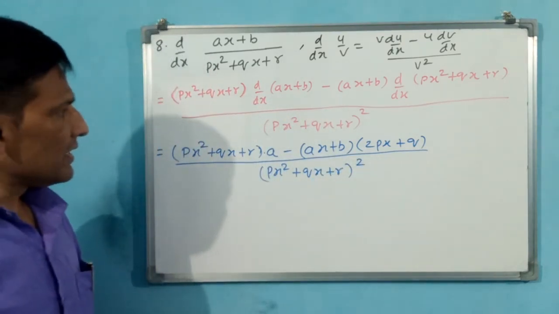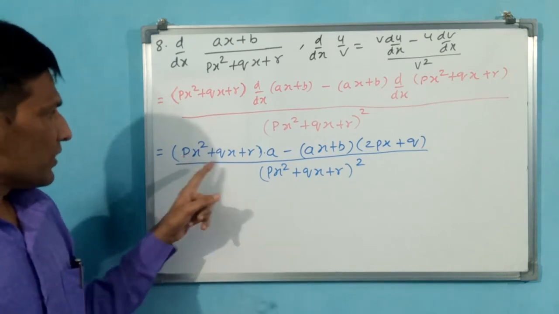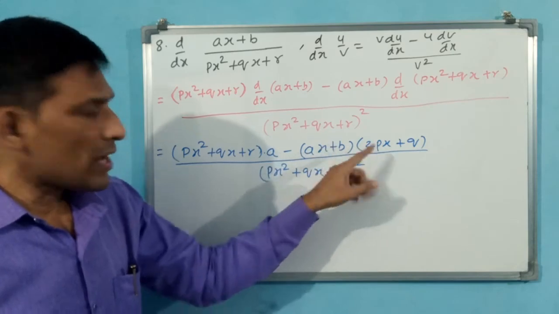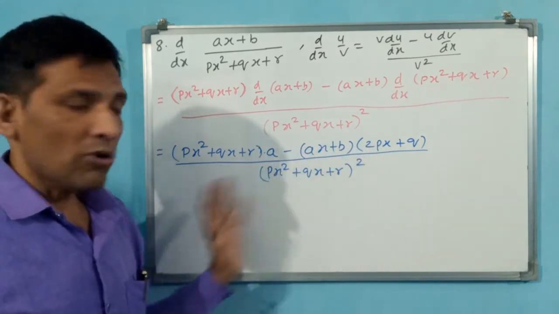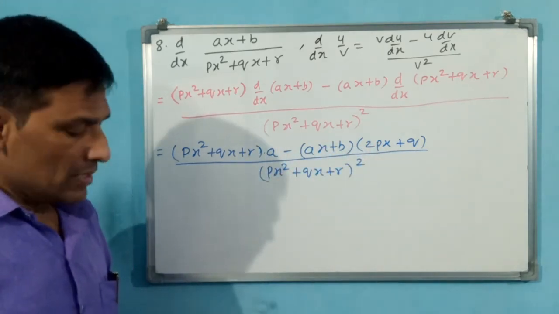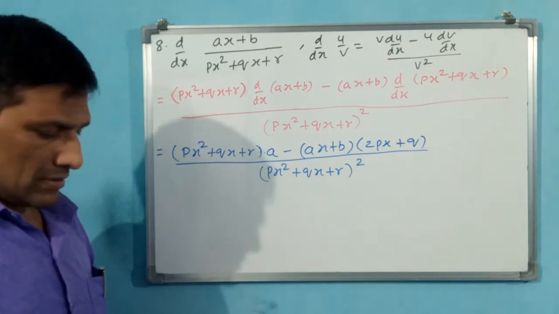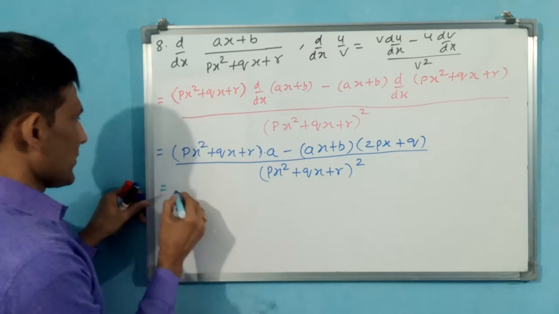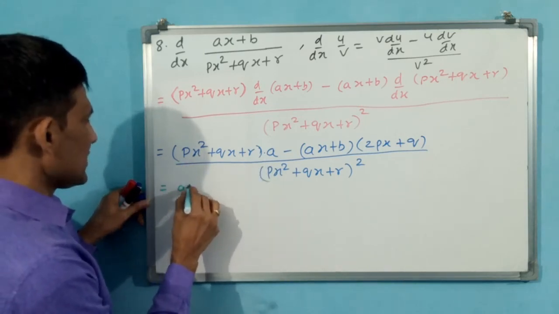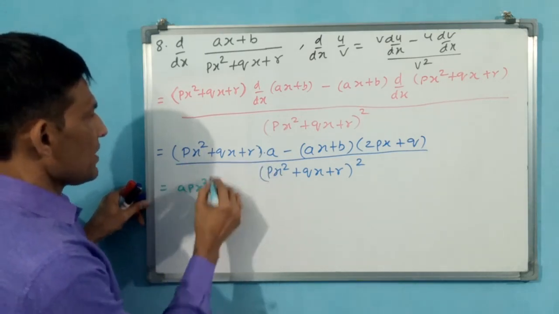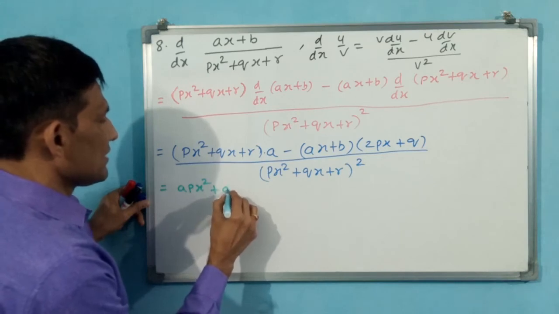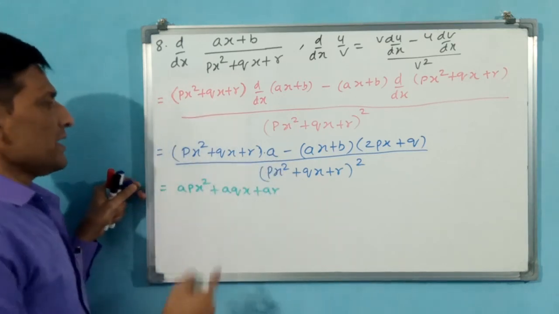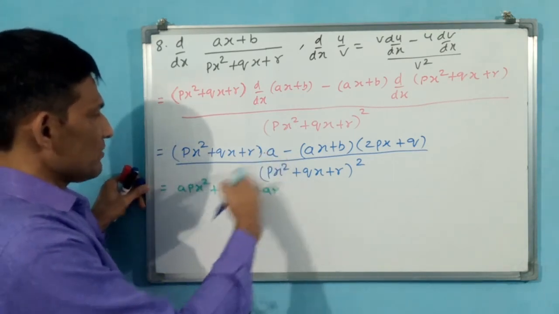Now you see here, by seeing itself you can say that apx square and 2apx square are going to come. That means if you send inside, automatically some cancellations are going to happen. Let us do it. First you send: apx square plus aqx plus ar.